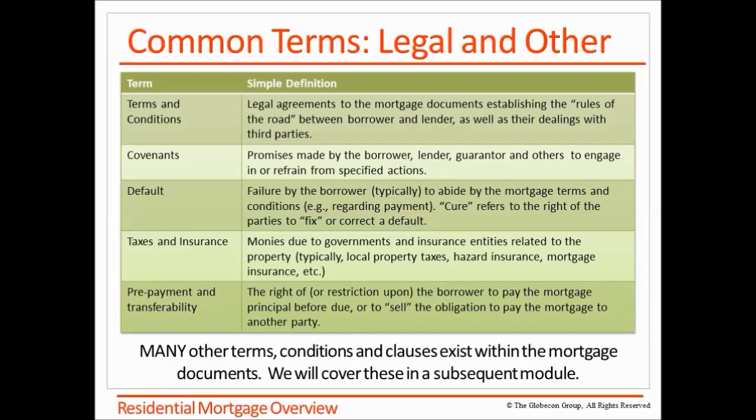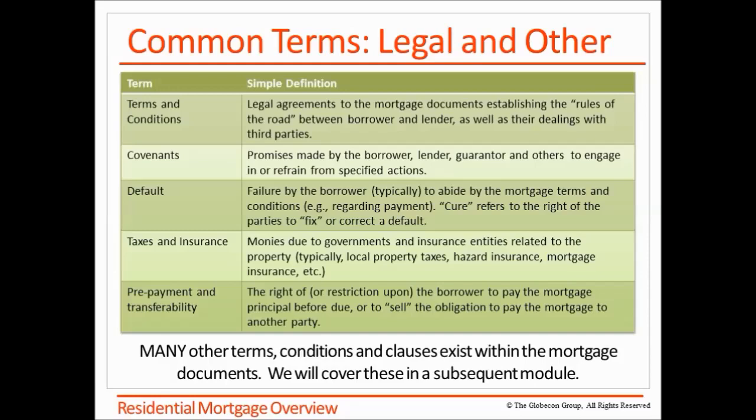That means they're missing payments, or not paying on time, or behind in their payments, and thus they're in default. A common term that goes with that is cure or fix. A cure refers to the right of the parties to correct a default. Basically, that's the way they're going to fix or correct that default or being behind in payments.